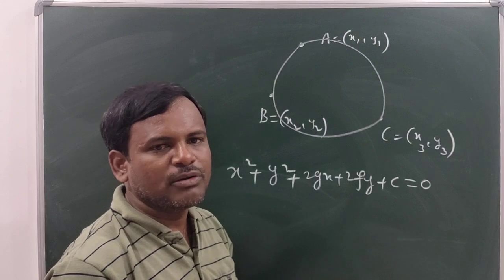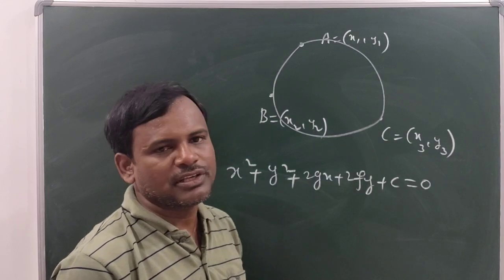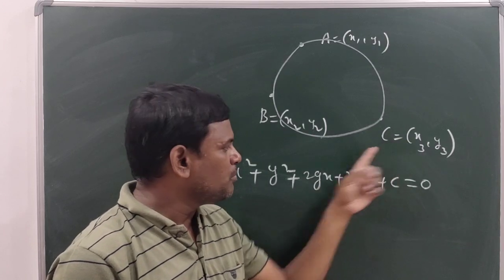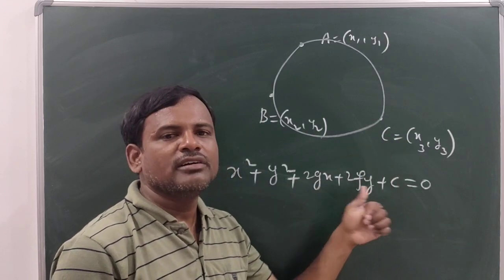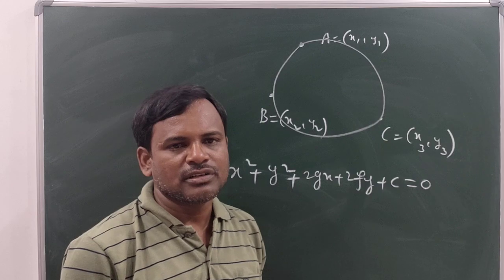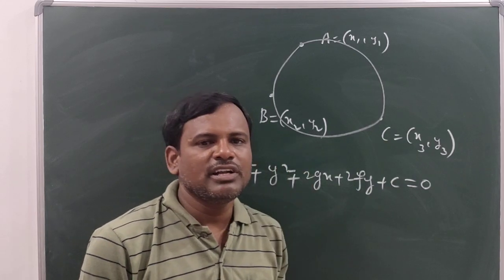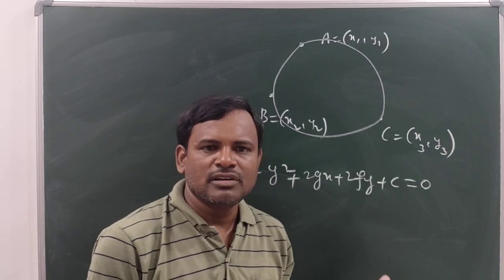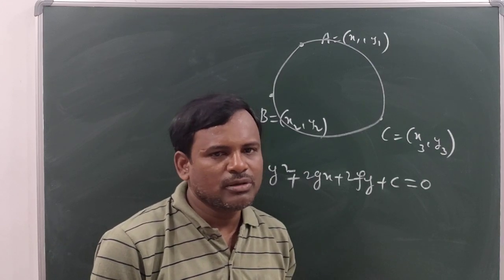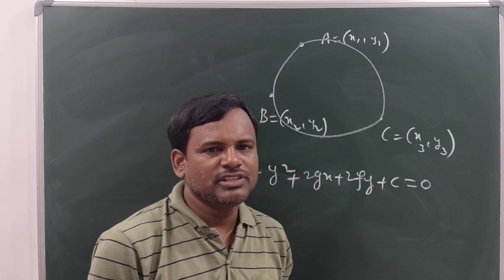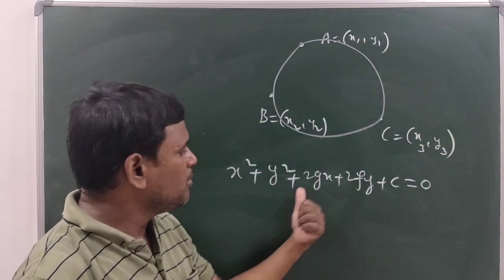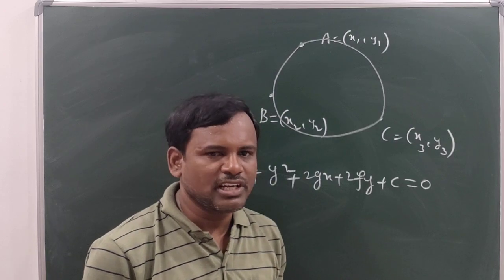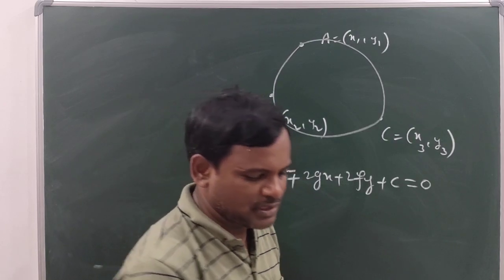Again, you will generate one more equation in terms of g, f, c. Again, go to the third point. Substitute that third point over here, and you will get one more equation. So we got 3 equations in terms of g, f, c. You know how to solve those 3 equations, so that we get g, f, c. Come back, and in the place of g, f, c, write those 3 values so that we get our required circle equation. This is one of the methods.